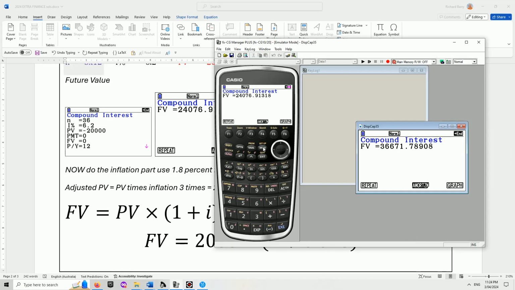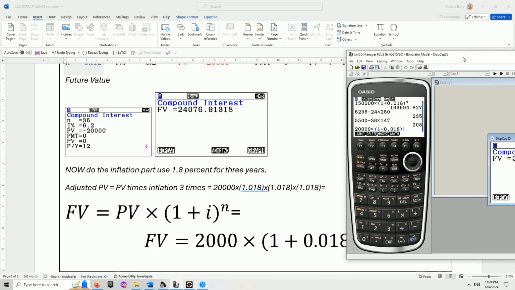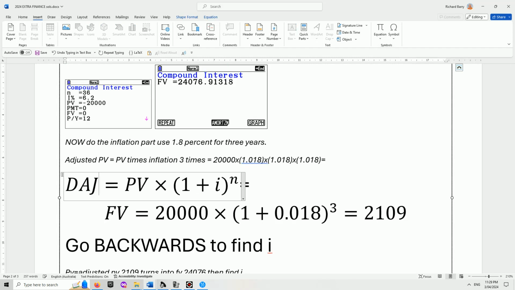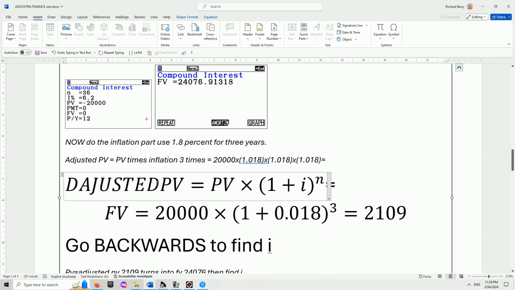Onto the real part of the calculator, the normal section of the calculator. 20,000 times bracket 1 plus 0.018 bracket to the power 3. So real inflation is going to take 20,000 to be adjusted PV, so it's clear what we're looking for.